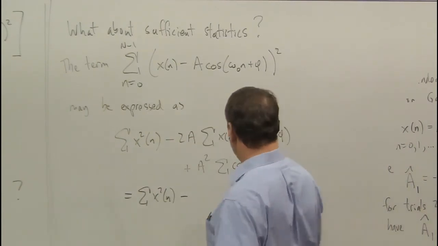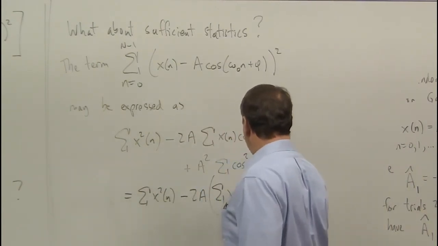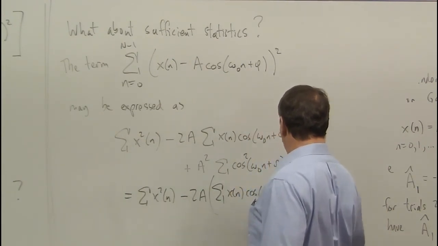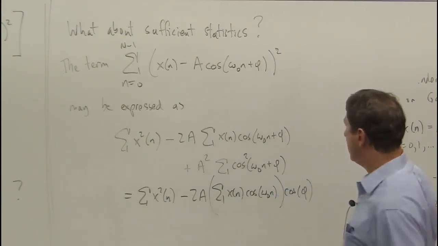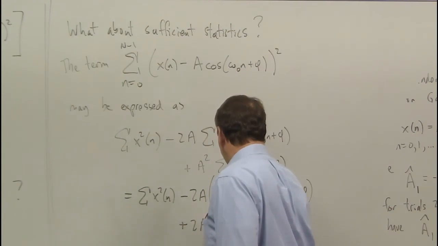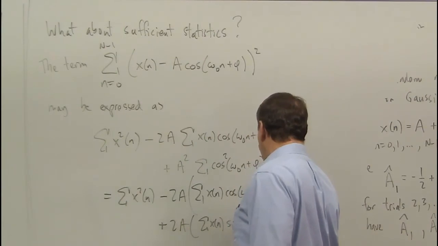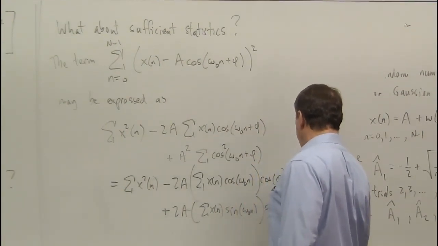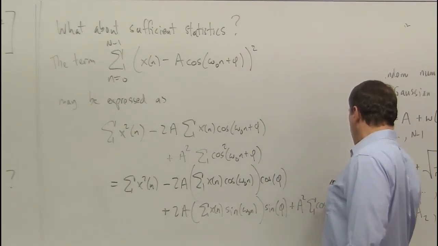And so we'll get minus 2a times the sum of x of n times cosine omega 0 n times the cosine of phi. We'll also get a plus 2a times the sum of the x's times the sine of omega 0 n times the sine of phi. And then we have the plus a squared times the sum of the cosine squareds.